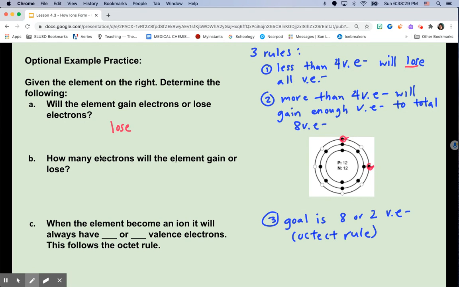So it will lose 2. Right? And it's going to lose 2 because underneath I will have a total of 8 valence electrons. So once I get rid of the 2, everything that I'm scribbling in pink kind of goes away. And what I'm left with is just the black parts, right? So underneath I'm going to have 8 valence electrons total. So in this case, I will have 8 valence electrons total once it becomes an ion.